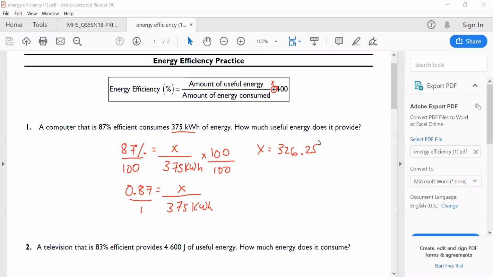And of course, if you don't remember the specific unit, you can always look back and say, well, if you wanted to use energy efficiency, both units have to match in that regard. And because both of them have to match, you have to have the same unit. And therefore, the unit is kilowatt hour.